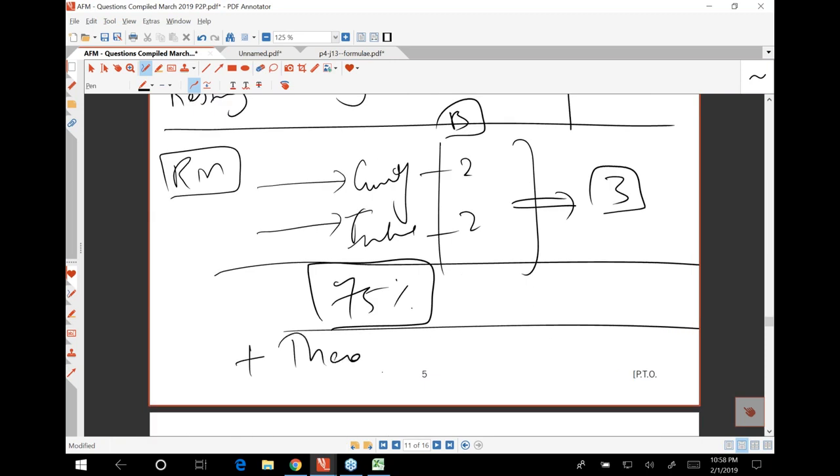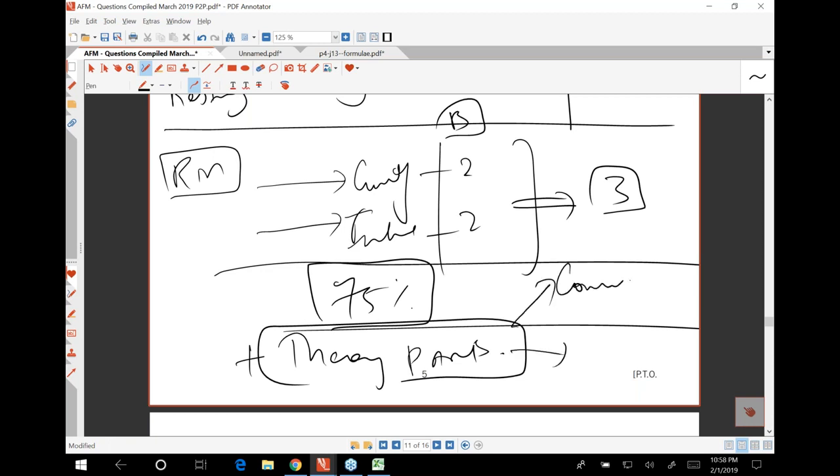Ideally speaking, for all the theory parts of the questions, there are 2 types of theories that are tested. One of them is a connected theory, which is connected to the exam question, and the other is basically a theory which is generally bookish knowledge. So you should go through as many exam questions as possible.